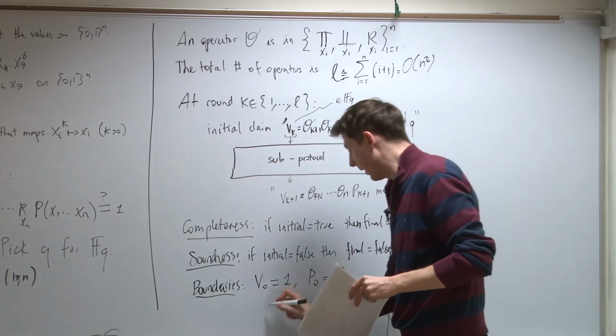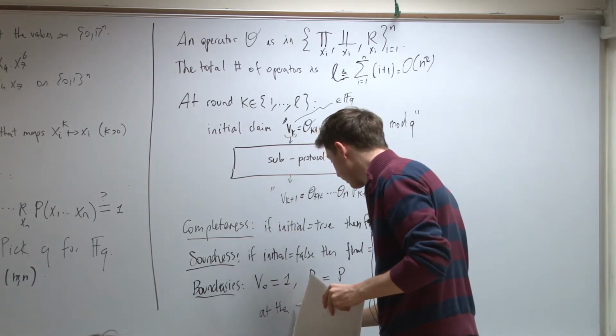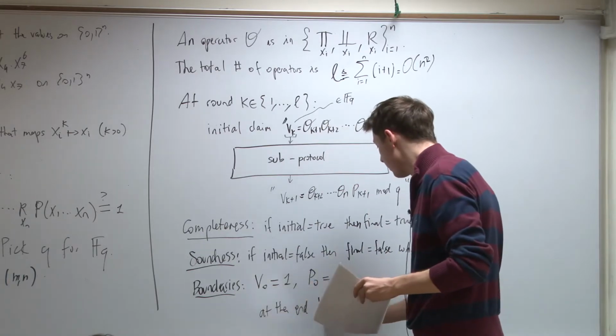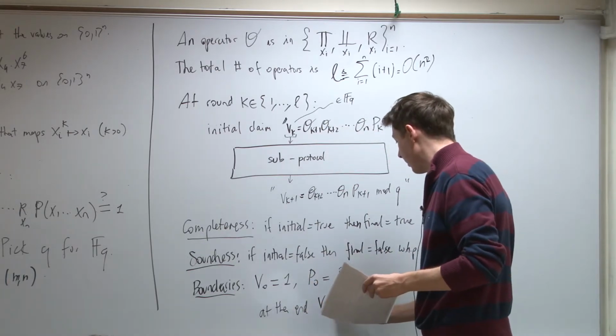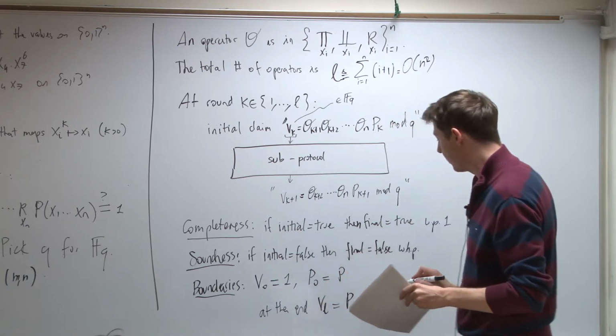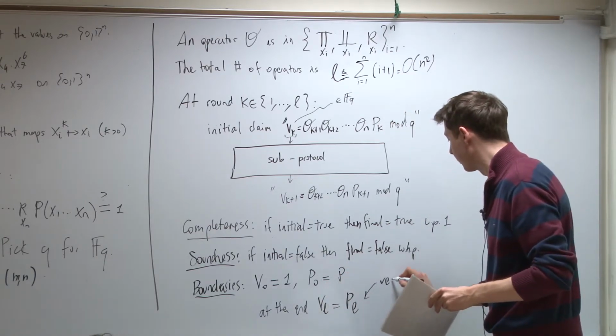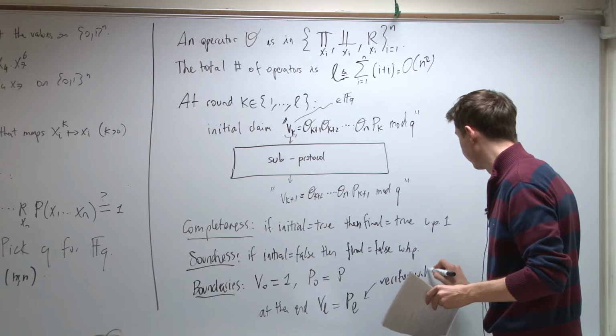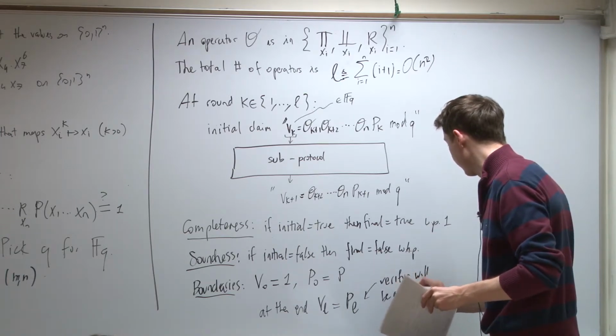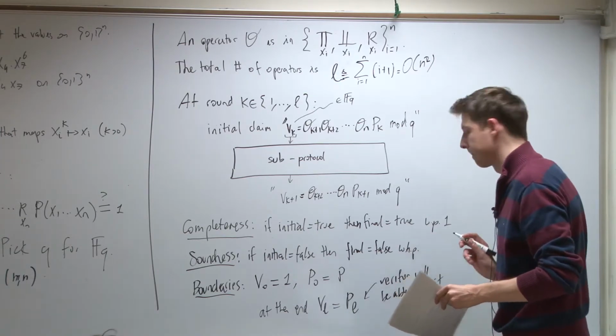And at the end, there will be some vL equals pL, and the verifier will be able to check it. Okay?